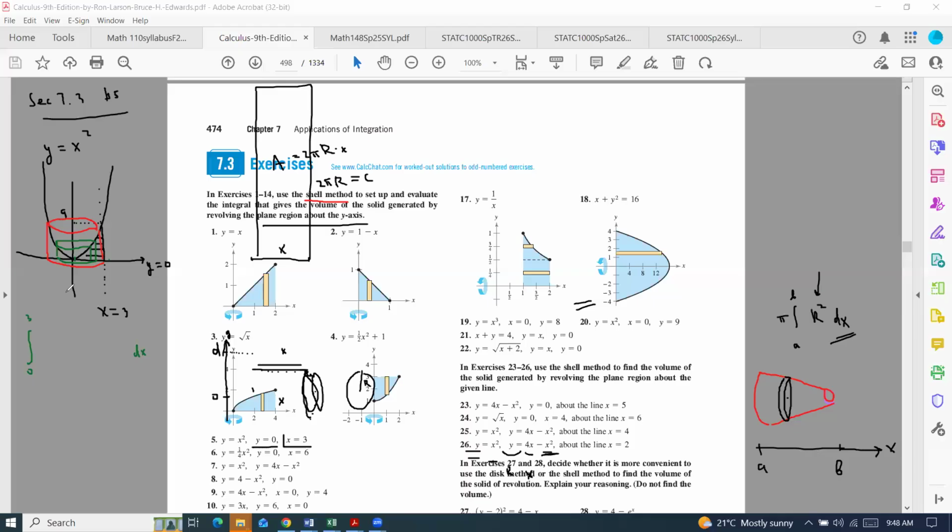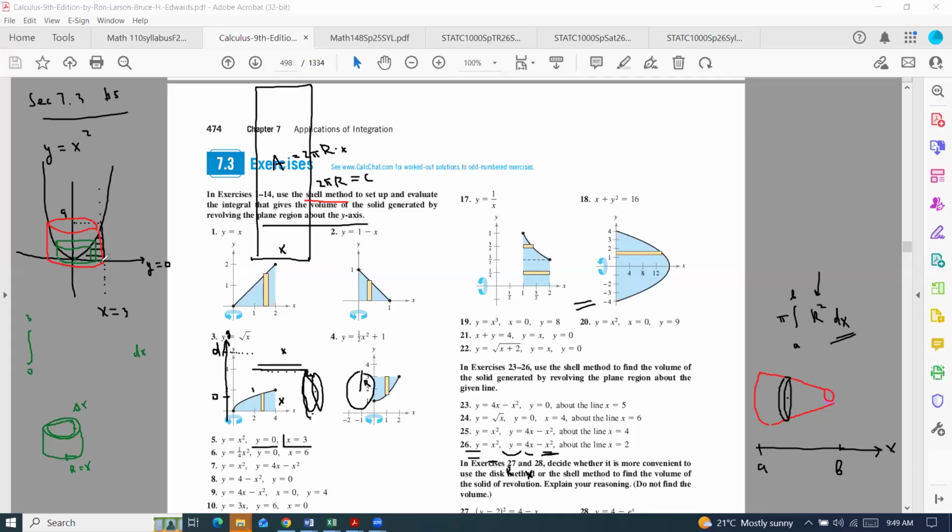So I need to think of that cylinder, so let me get that little green cylinder separately. Better to see. So that's our cylinder with thickness delta x. Of course, it goes along the whole thing. So the height, notice the radius is here, and my radius is going to be nothing else but x, isn't it?